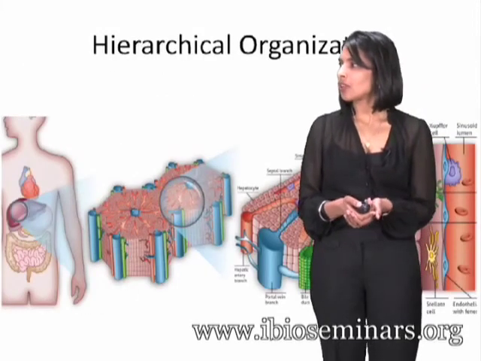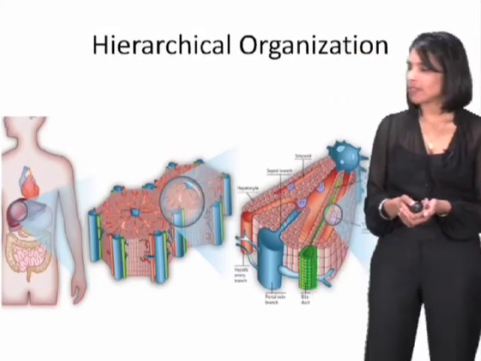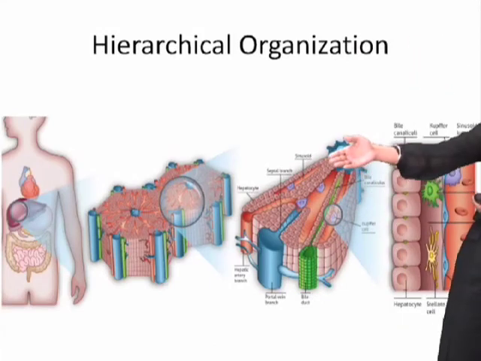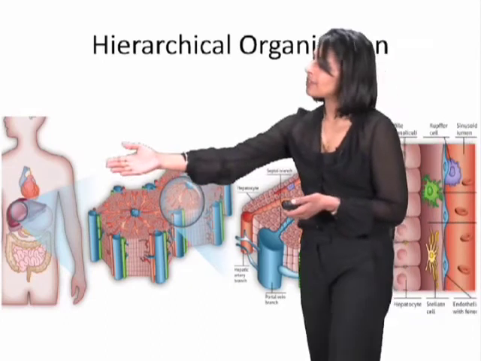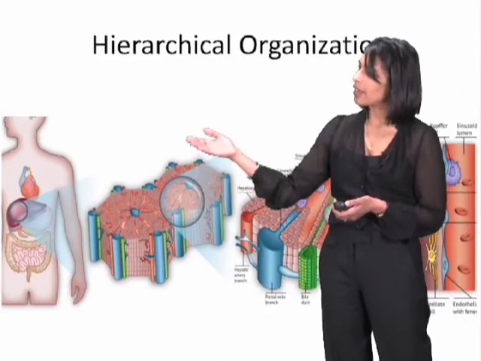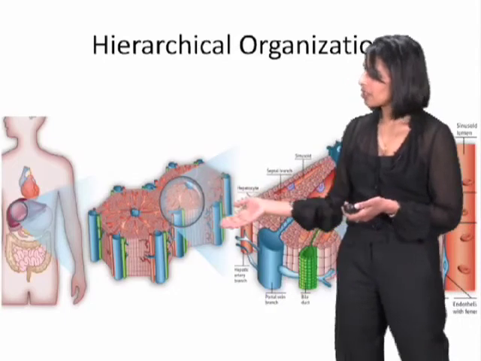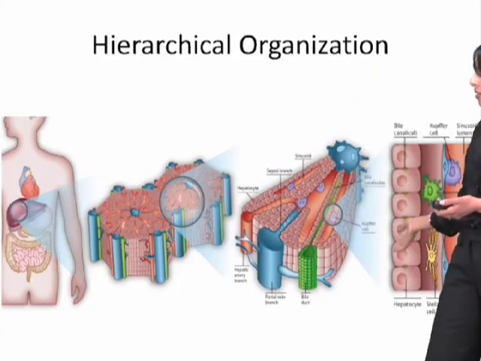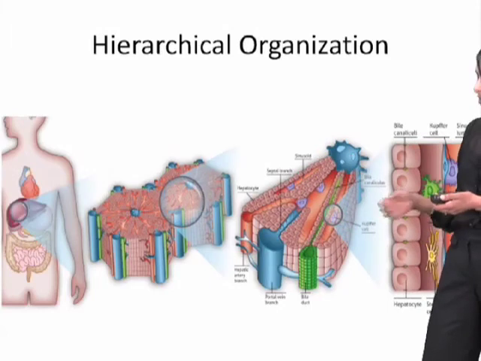Okay, so I mentioned earlier that tissues are organized hierarchically. One can see here in this diagram that if one starts at the level of the liver, we have this multi-scale organization where the liver acini are 1 millimeter in dimension, the liver cords here are 500 microns long, and the cells here are about 20 microns in diameter.